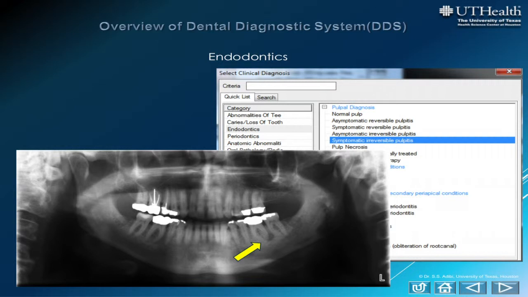This 27-year-old female patient presented with pain symptoms with drinking hot and cold, and on clinical examination exhibited tender to percussion to tooth number 19. After thorough medical and dental evaluation, the diagnosis was determined to be irreversible pulpitis of tooth number 19.